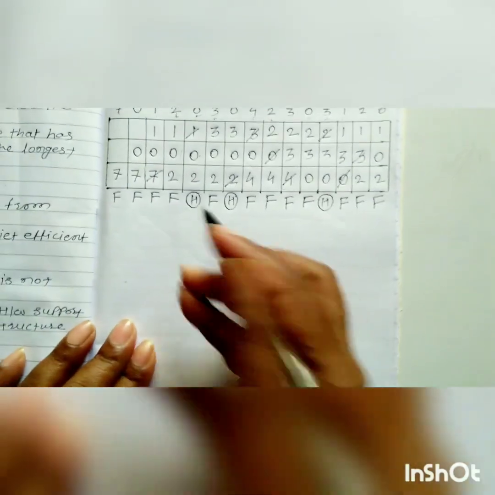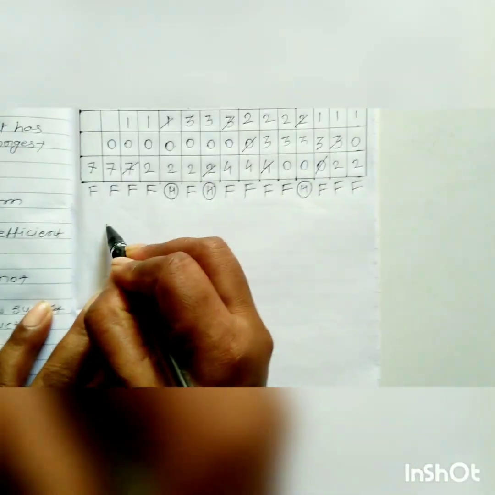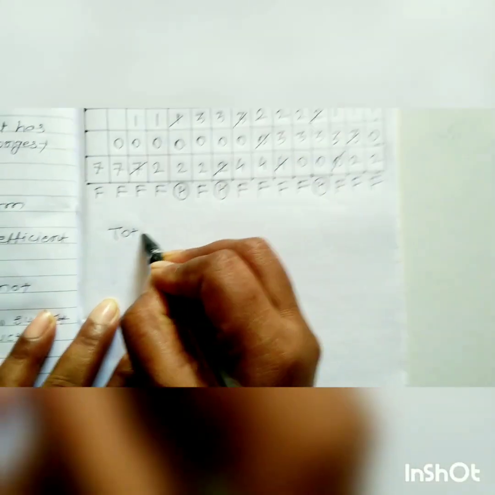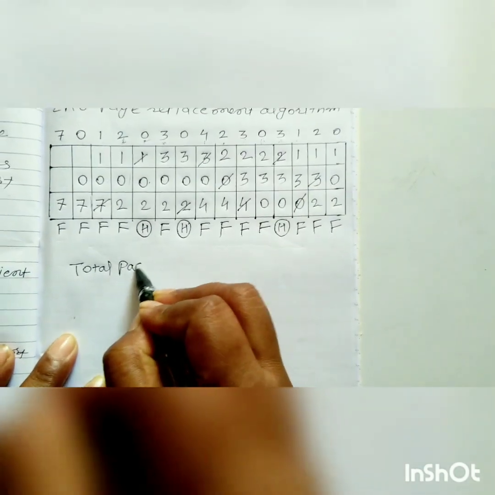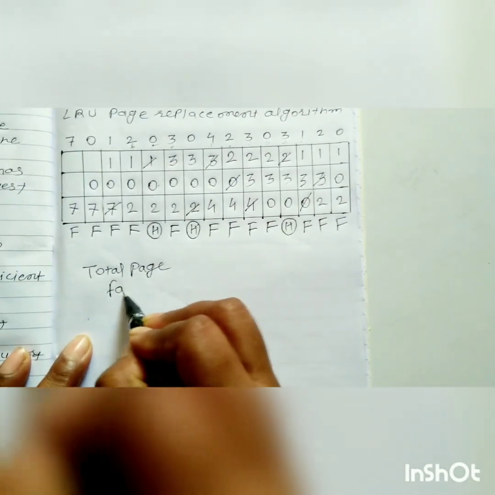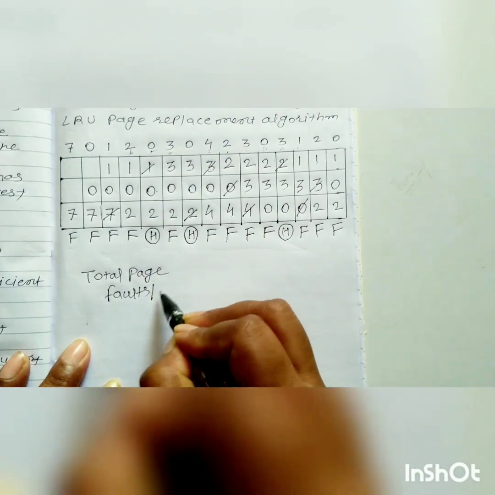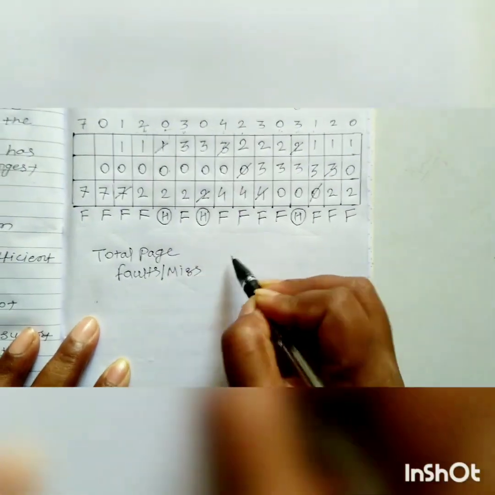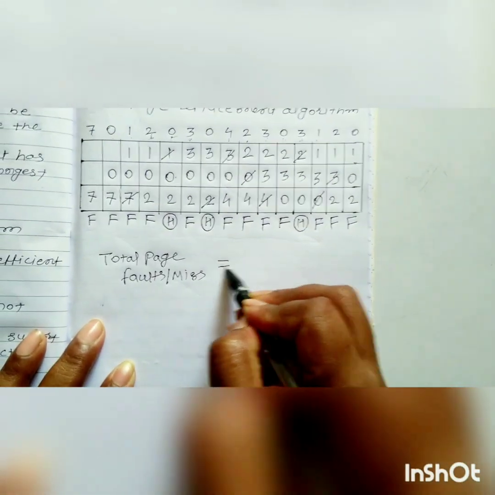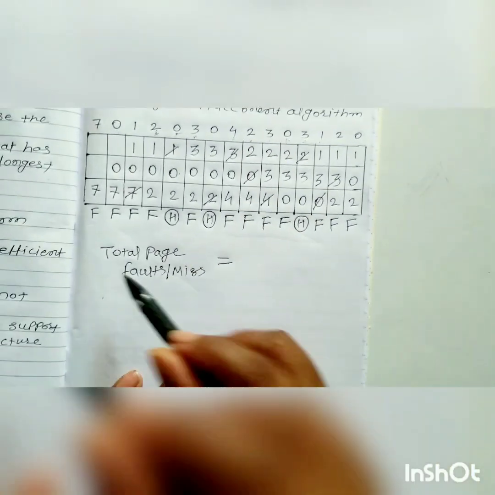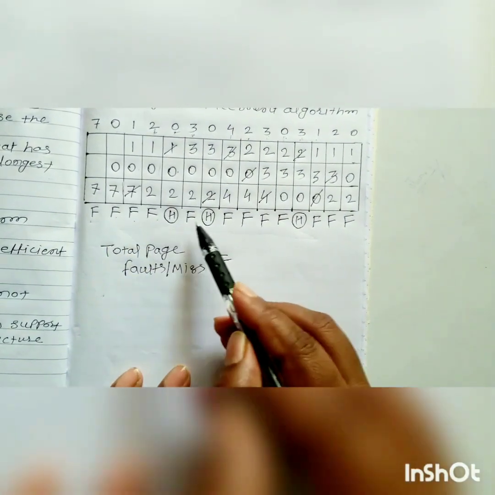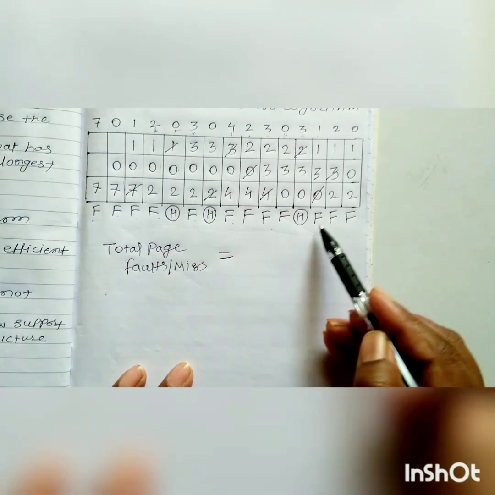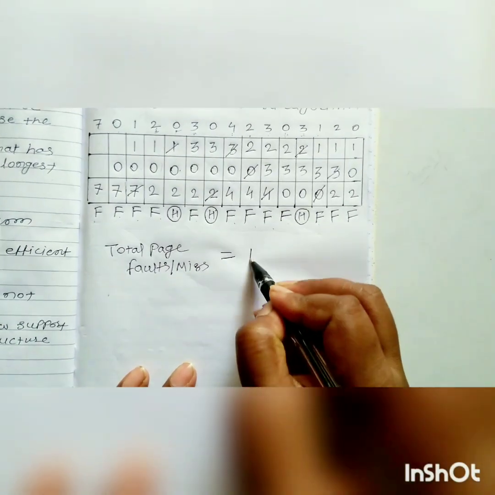Okay, so find out the total page faults. So total page faults, or you can say the misses. So count the page faults whatever you are getting: 1, 2, 3, 4, 5, 6, 7, 8, 9, 10, 11, 12.